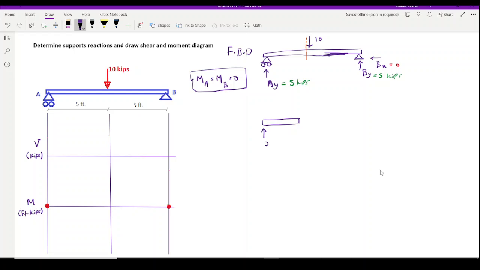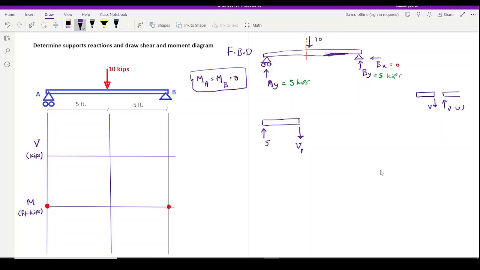So I have 5 at point A. I don't have any other force in here, and I have V. I use V1 to show it, and you know that based on the positive sign direction, on the right side V is positive upwards, and on the left side V is positive downwards.